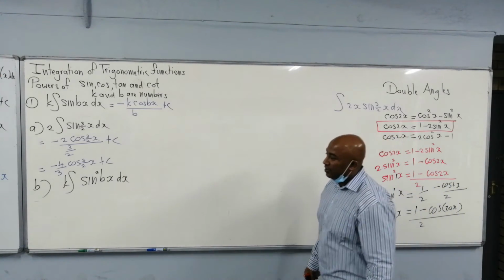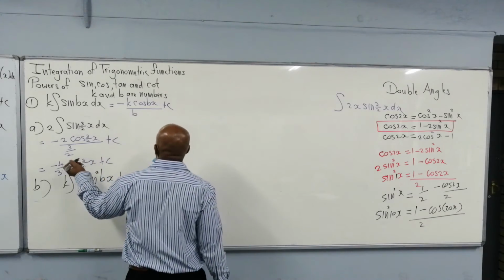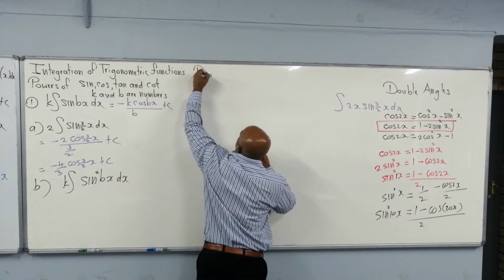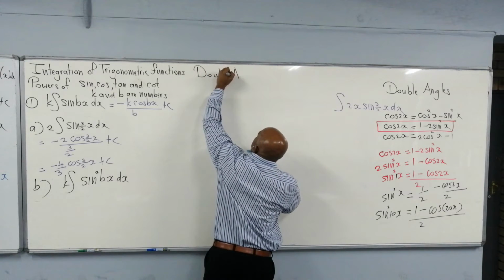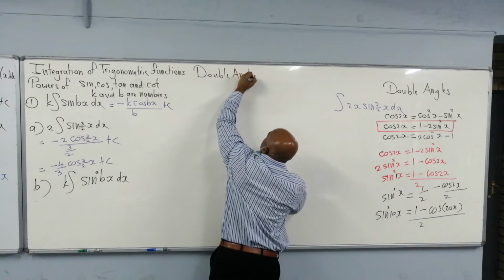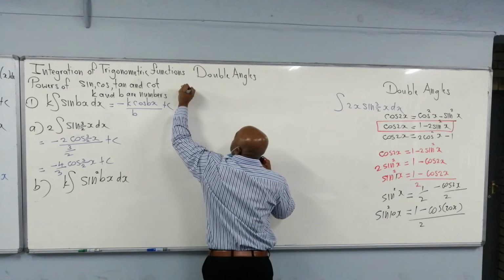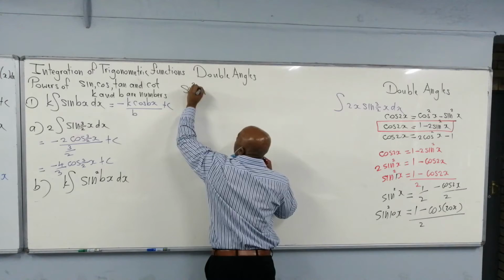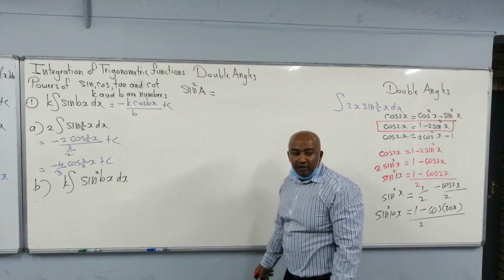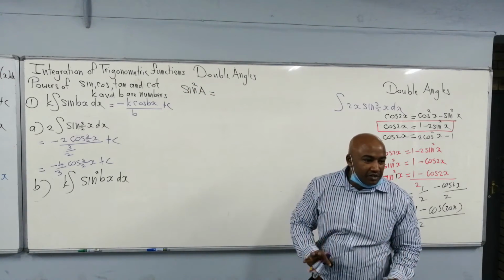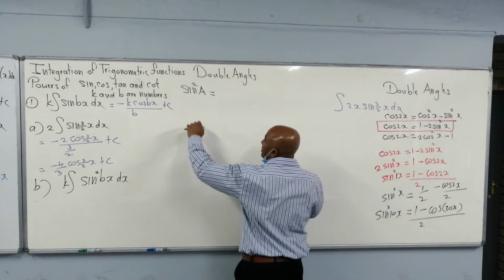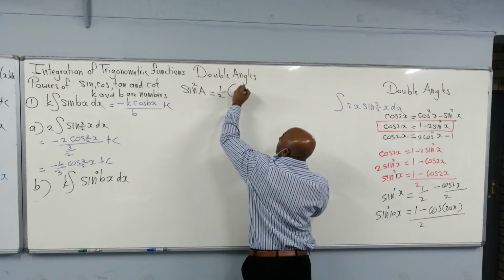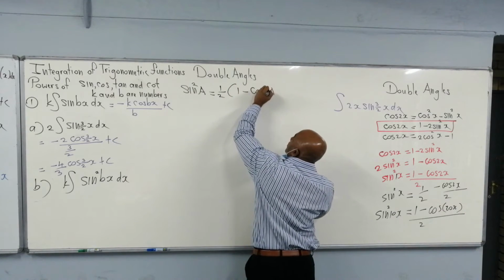Now let me write it down for you in general. This is coming from the double angles. So sine squared a, it's given to you like this on the formula sheet. I'm going to write it just like how it's given to you, so you won't get confused. It's given to you in this formula, half into 1 minus cos 2a.